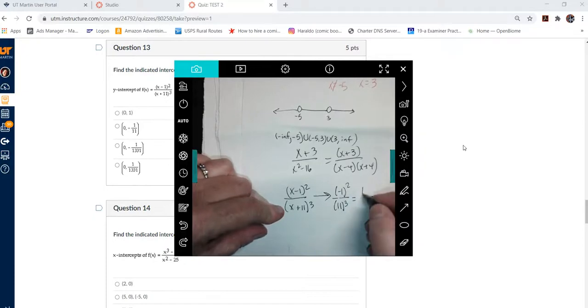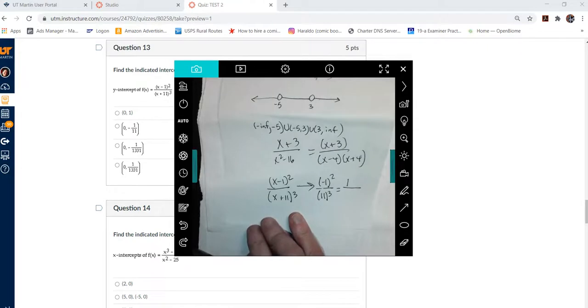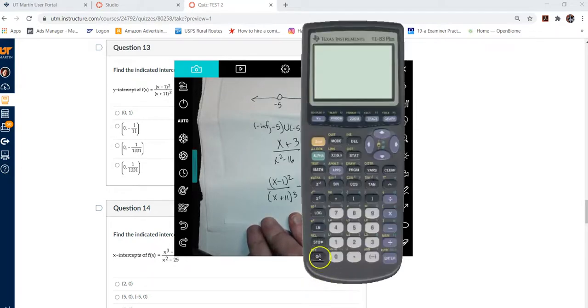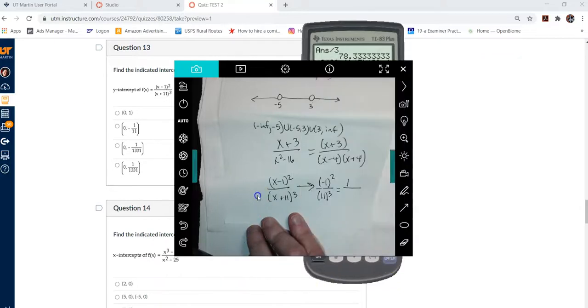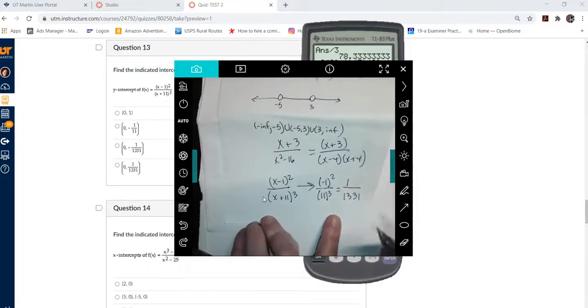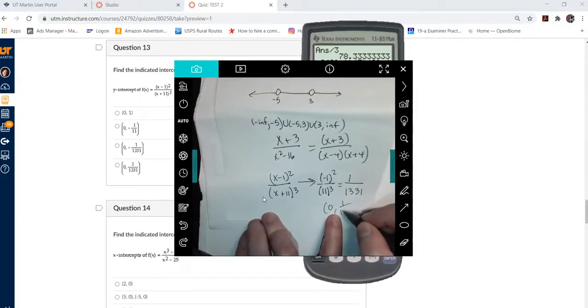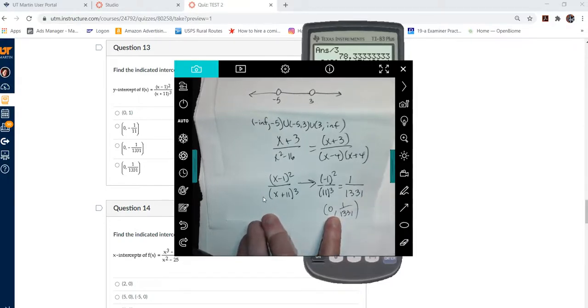Negative 1 all squared is 1, and then 11 cubed is 1331. So my Y-intercept is the point 0, 1 over 1331.